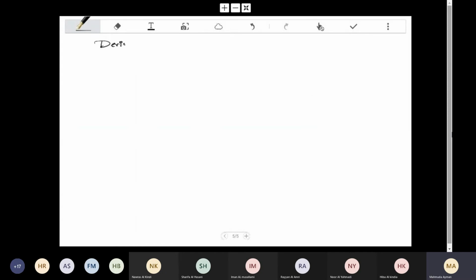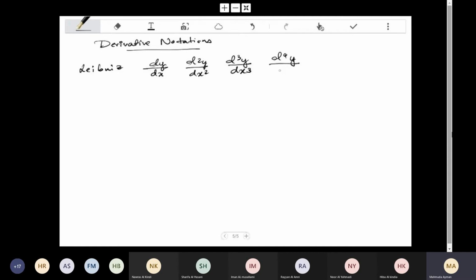Now let's look at some of the notations that we'll come across. Derivative notations. So we have the Leibniz notations, which are dy by dx, d squared y by dx squared, d cubed y by dx cubed, and d to the power 4 y over dx to the power 4.